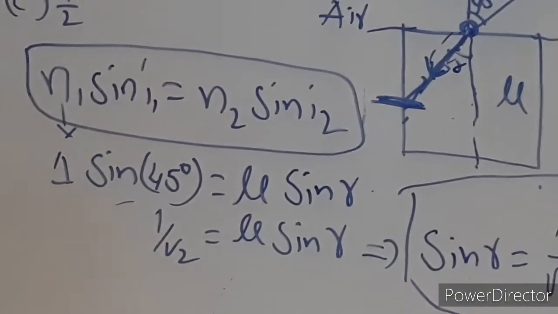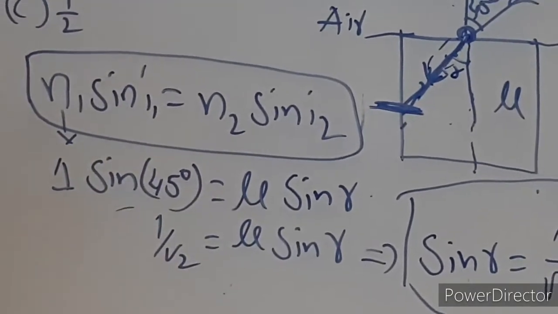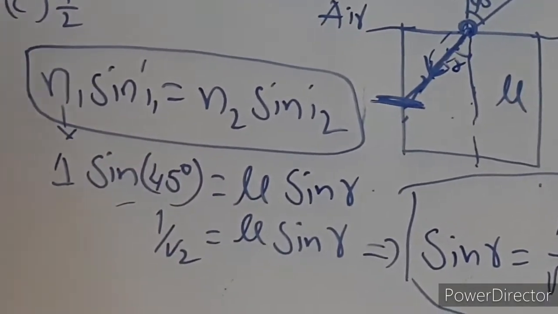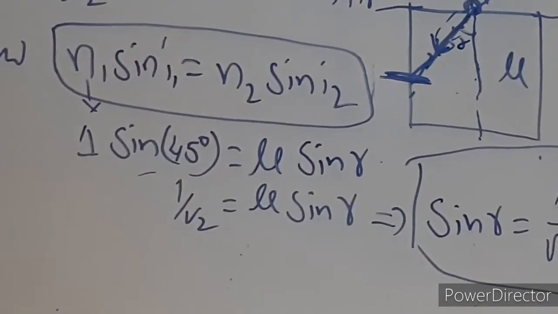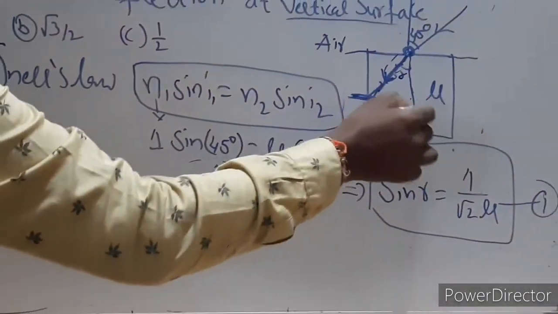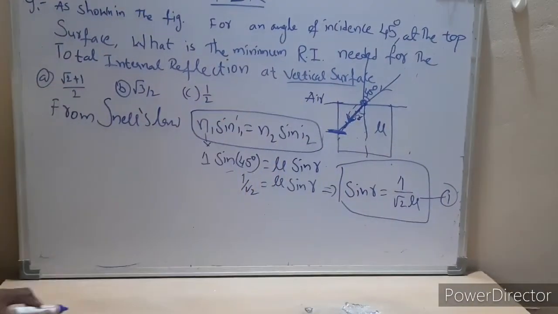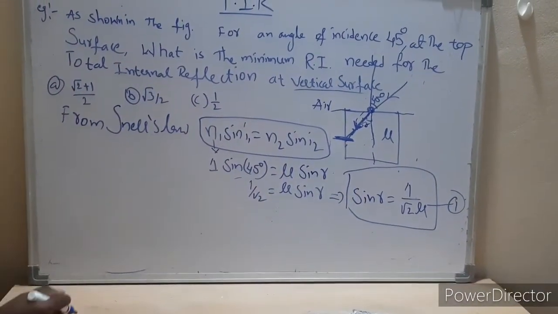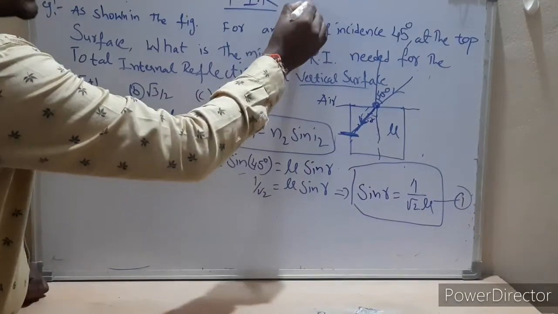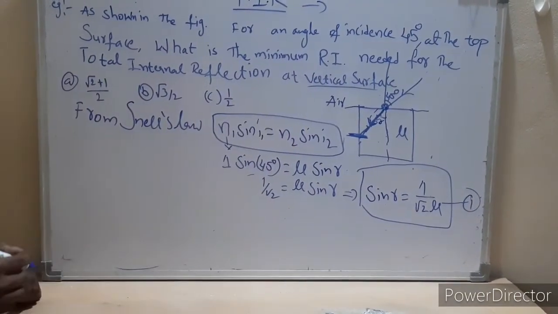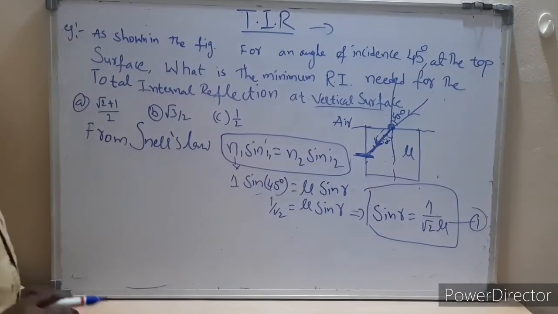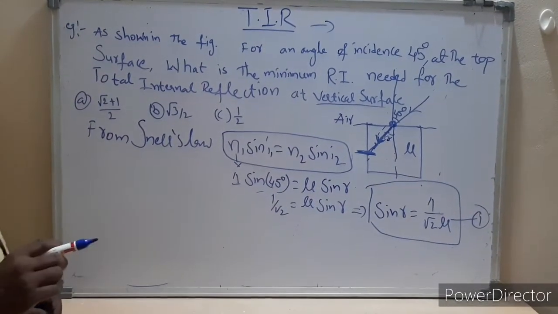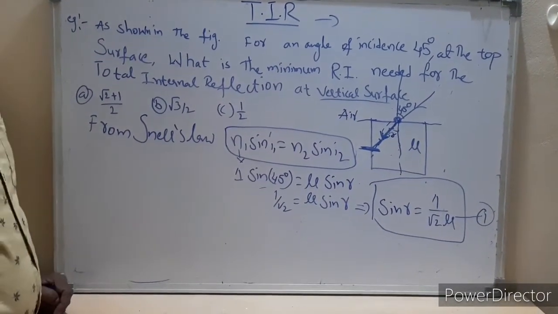To undergo the phenomenon of TIR, how much should the refractive index of the medium be? Usually there is a condition for TIR. What is that? Critical angle. For the pair of media at the interface, the critical angle must be less than the incident angle.